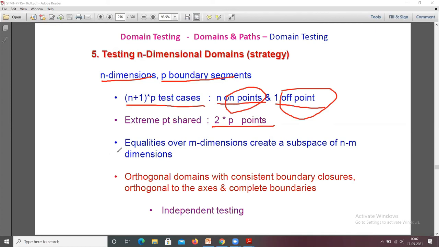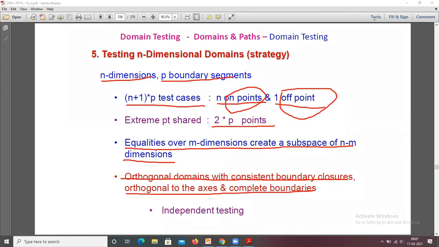And next, equalities over m dimensions create a subspace of n minus m dimensions. Orthogonal domains, consistent boundary closures, orthogonal to the axis, and complete boundaries, so this is independent testing.